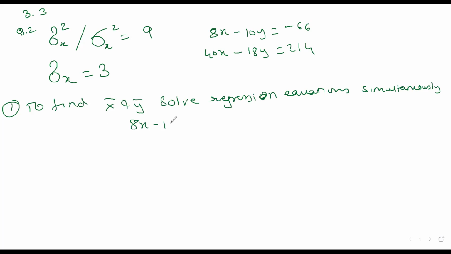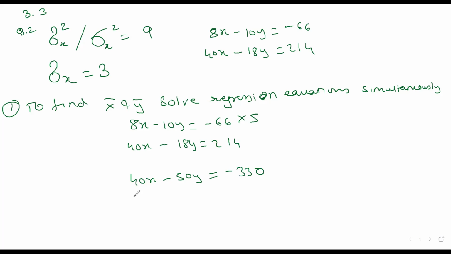So 8x minus 10y = minus 66 and 40x minus 18y = 214. I'll multiply the first by 5. So this will be 40x minus 50y = minus 66 into 5, that is minus 330. And 40x minus 18y = 214.